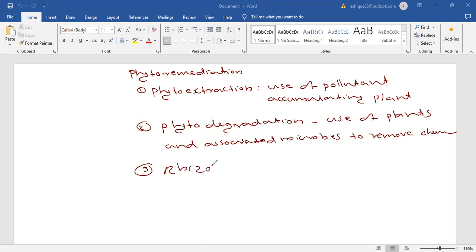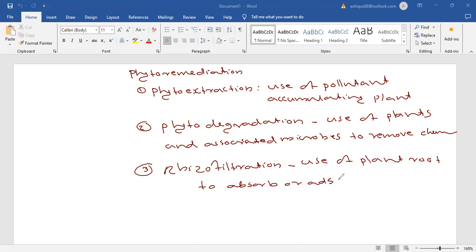Rhizofiltration is the use of plant roots. We are using plant roots to absorb or adsorb pollutants from water. That is known as rhizofiltration.